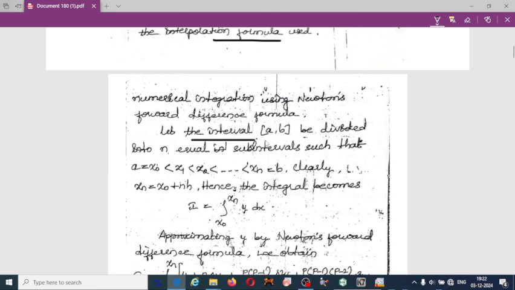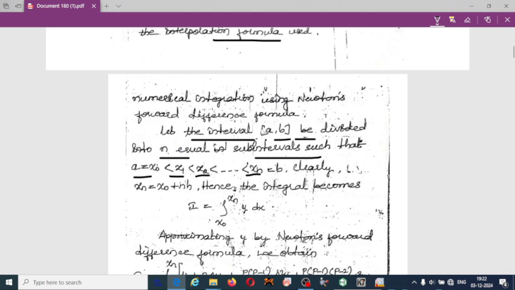Let the interval a, b be divided into n equal sub-intervals such that a is equal to x0, which is less than x1, which is less than x2 and so on up to xn.